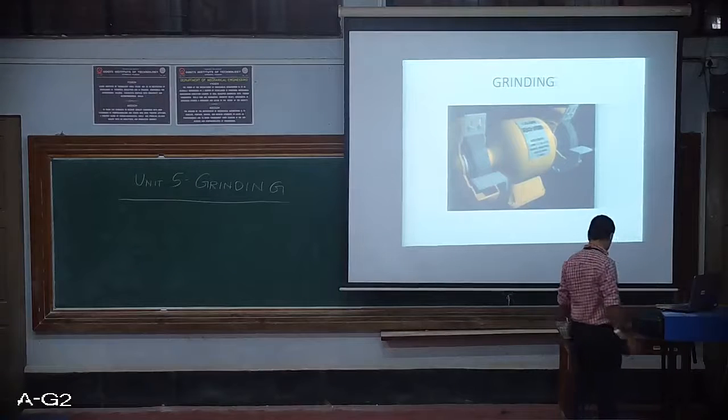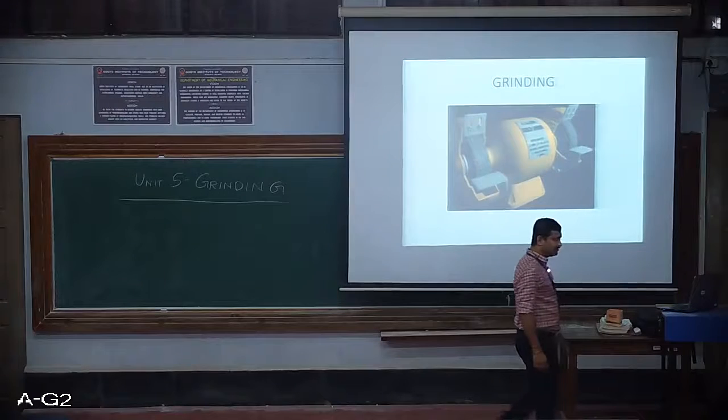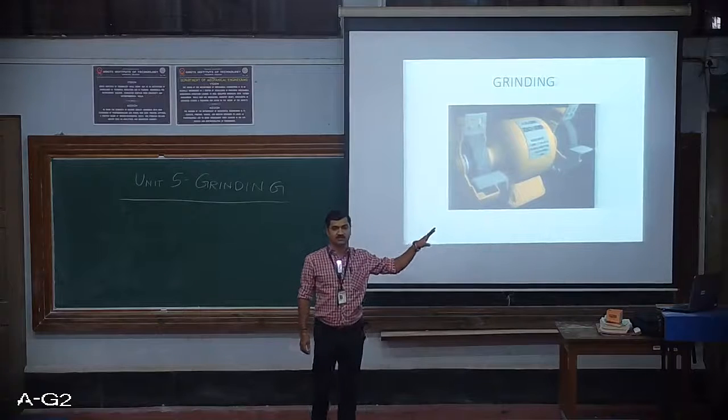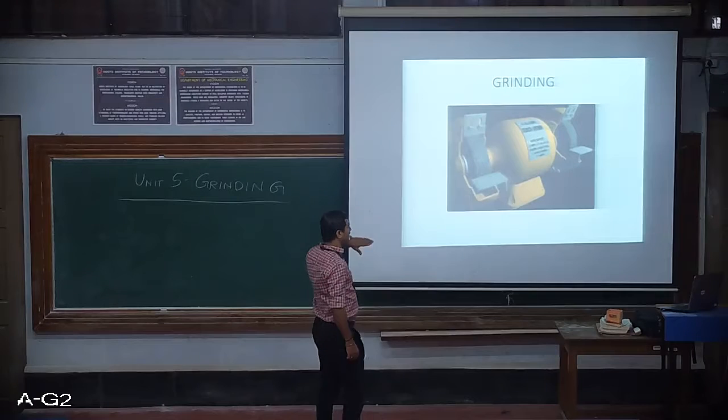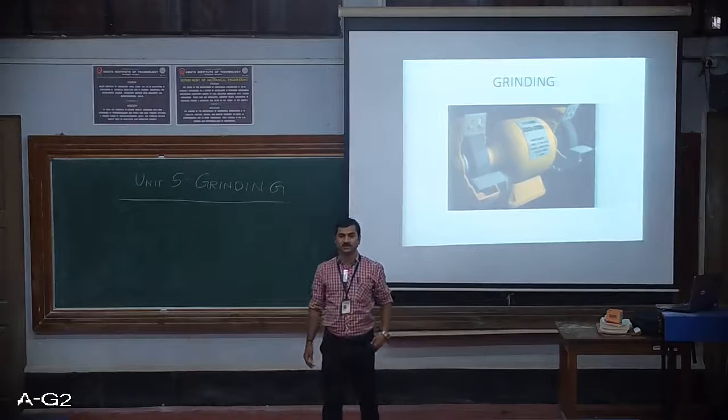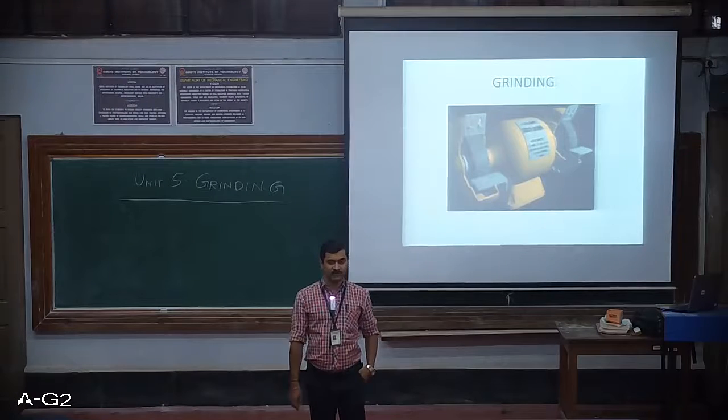Okay, so if you see this diagram over here, or you can say it's an animation, I hope by seeing this picture you remember the grinding that you had done for your single point cutting tool.